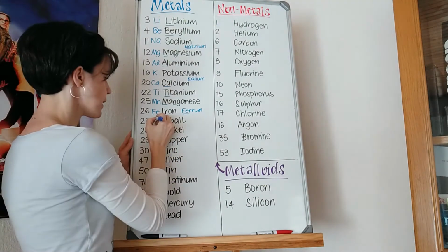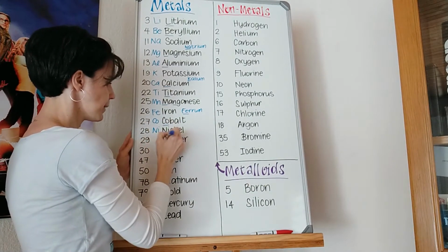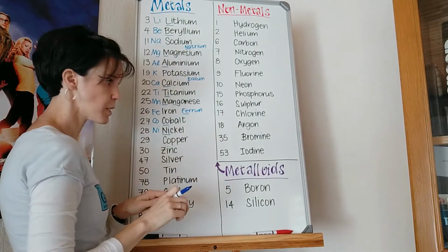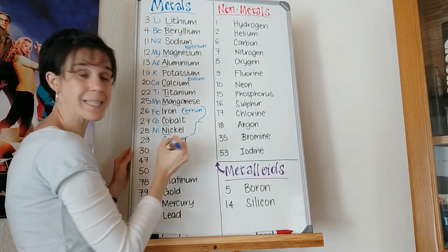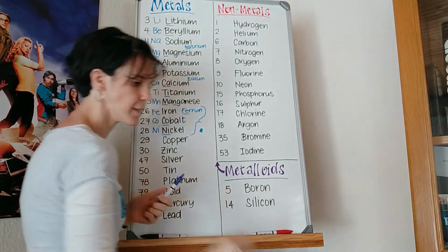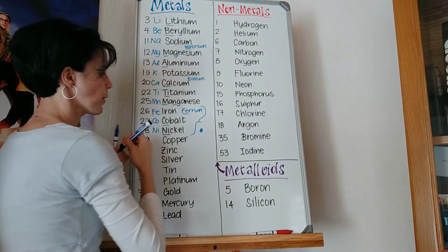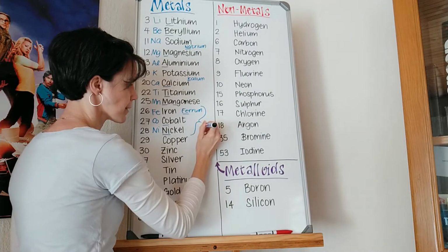Okay, cobalt is Co, and nickel is Ni. Now these three I just want to mention specifically in that these three are going to be the ferromagnetic elements, and that means that they are the ones that are going to be primarily forming magnets.